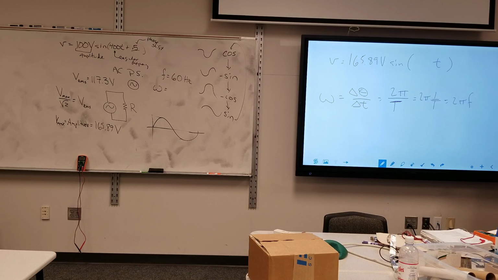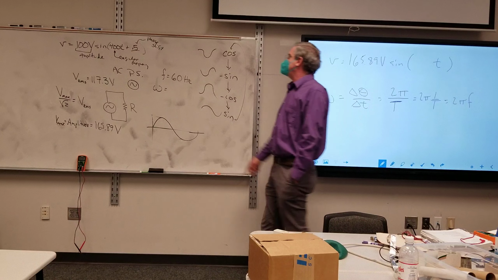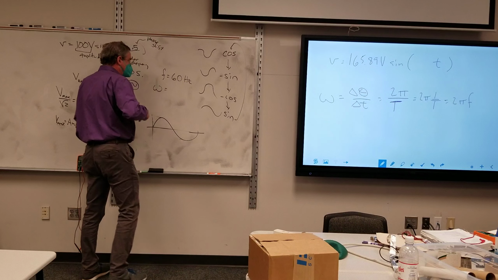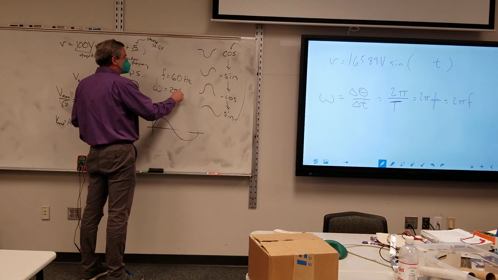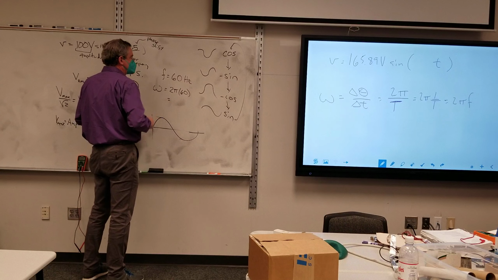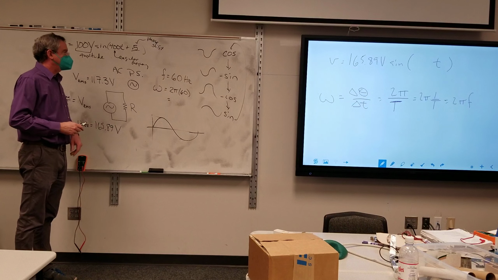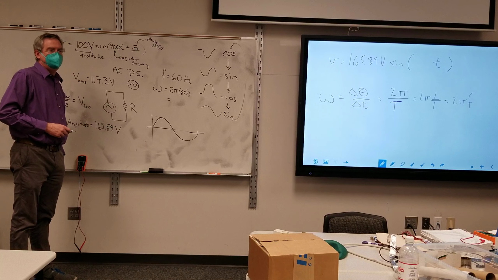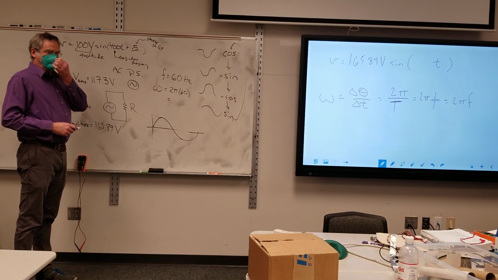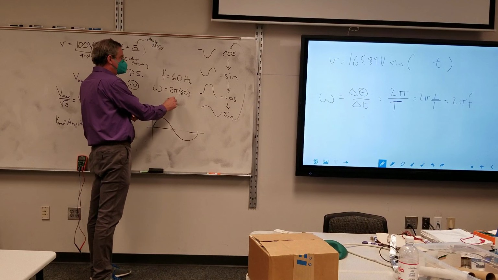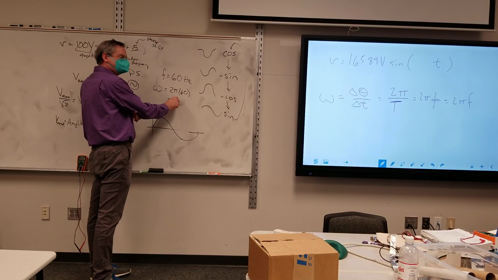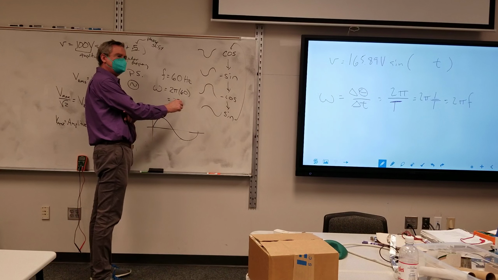So the angular frequency is just 2 pi times the frequency. So if our frequency is 60 hertz, this is going to be 2 pi times 60. And we get 377. Round 376.9 something, yeah.